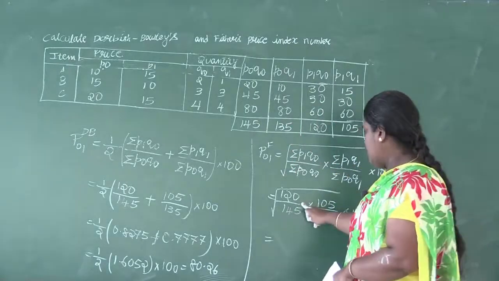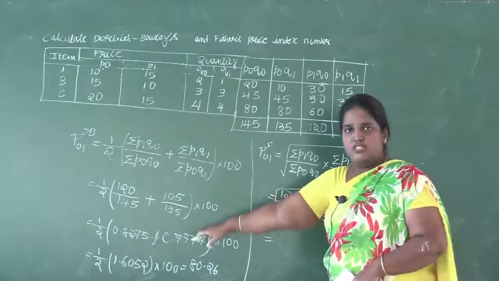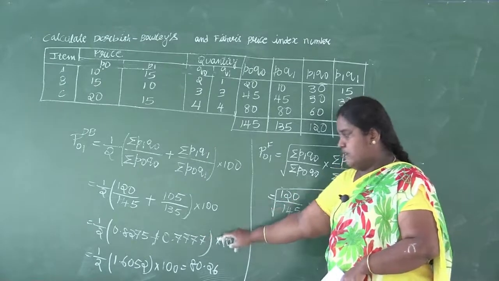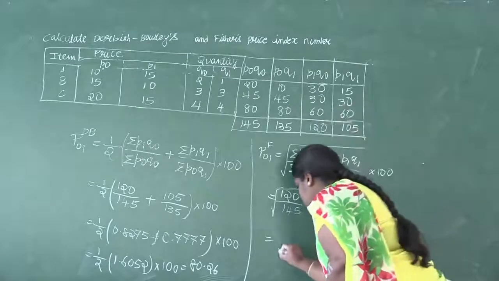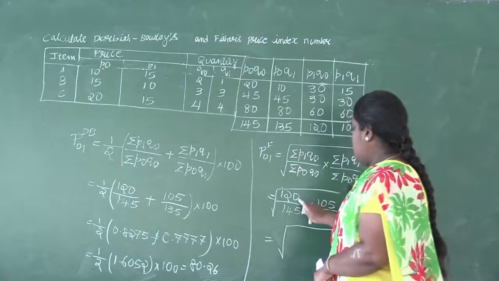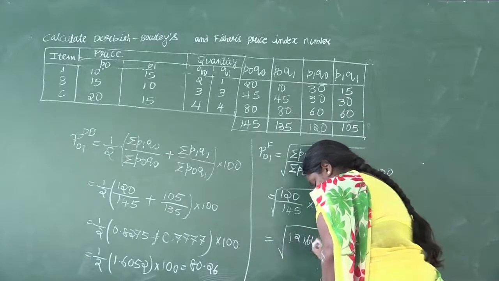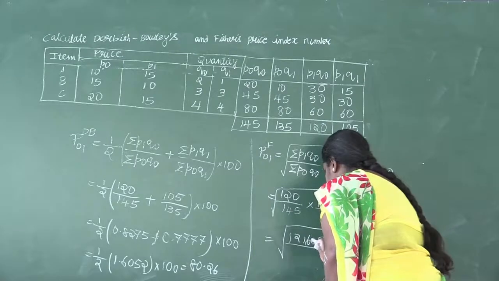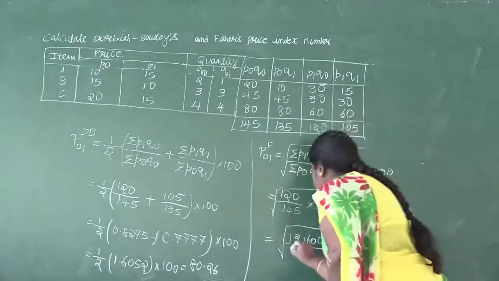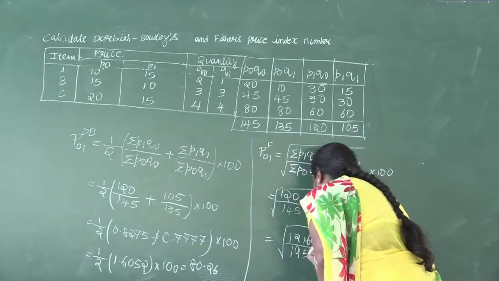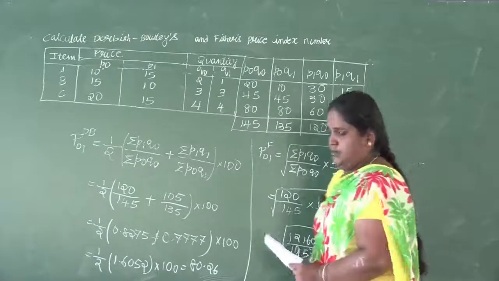That is, I'll multiply 120 and 105. If you're doing division, then you can write down the same numbers, that is 0.8275 and 0.7777. You need not calculate once again. So I'm multiplying here 120 and 105. I'll get 12,600. And then multiply 145 and 135. It is 19,575. Into 100 is outside the square root sign.